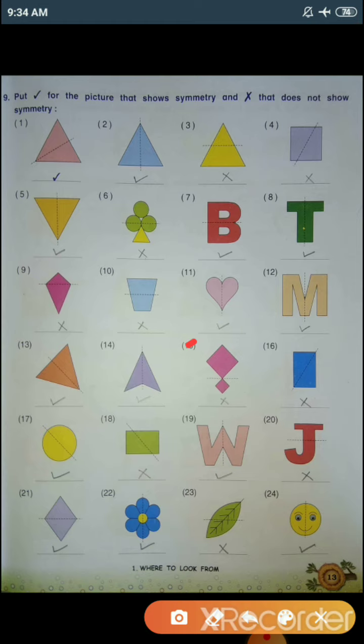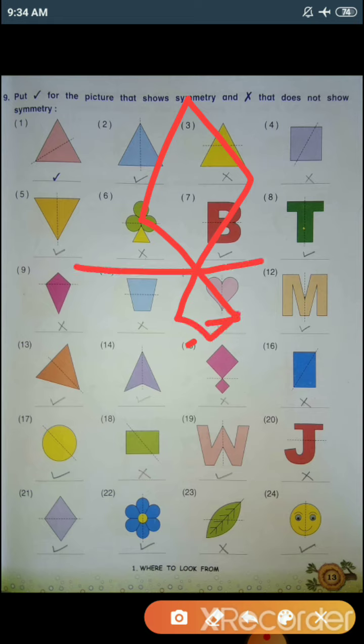Number 15. So one kite-like shape you can observe here, and the horizontal line divides this shape into two parts. Let's see part 1 and the downward side, part 2.